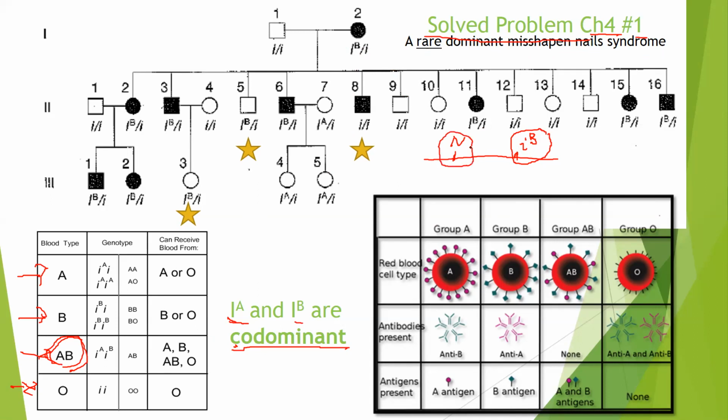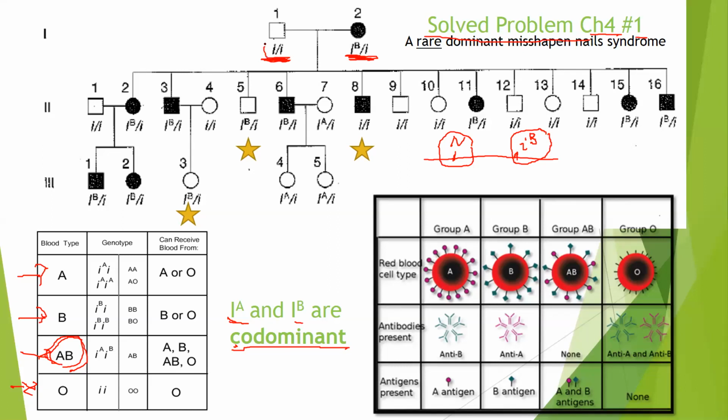allele, the capital N, which is the dominant disease allele, is linked with the IB here in this female parent. Now look at the grandfather and the grandmother here. The grandfather is the little i, just like a test cross.